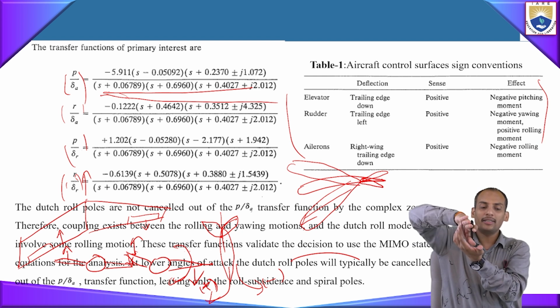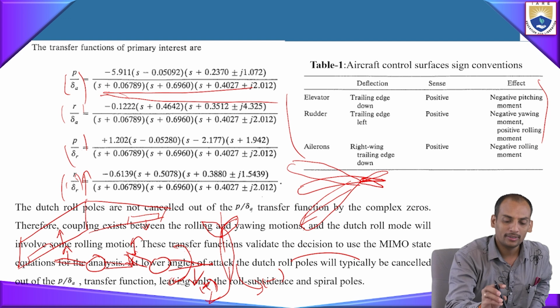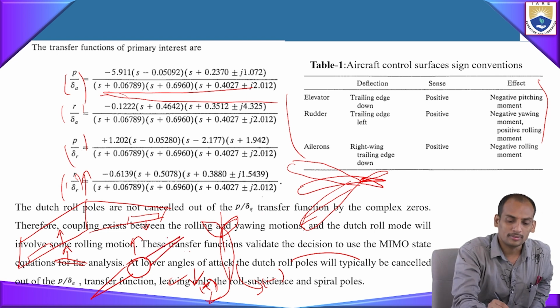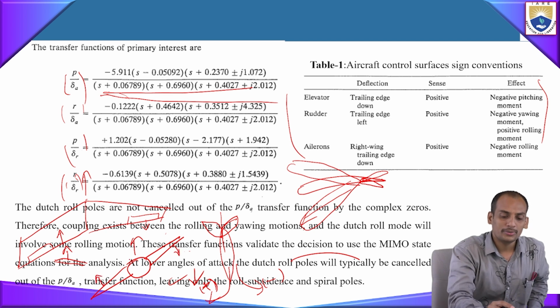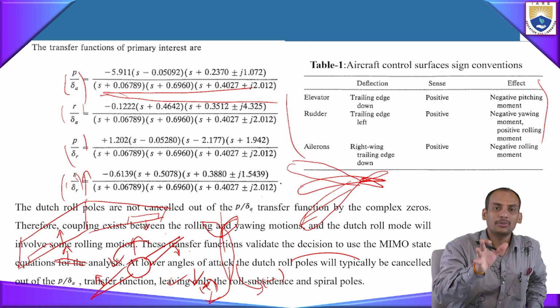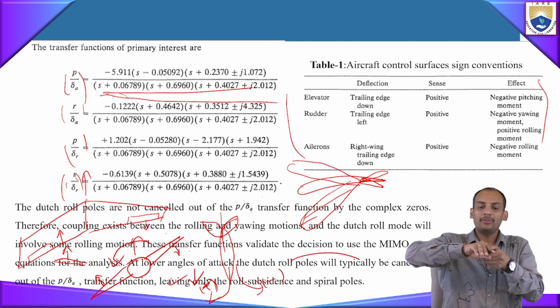So due to that banking, what will happen? Here the banking will be negative. Here it will be downward and here it will be upward, so suddenly it will be rolled like this.